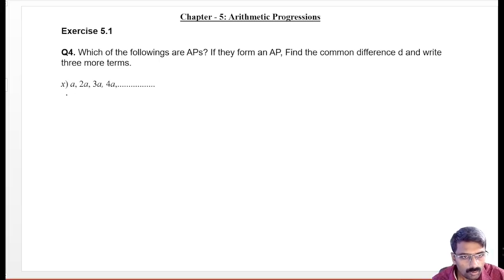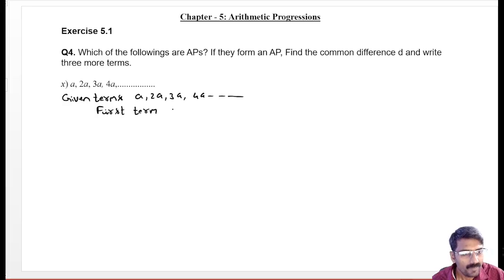So given terms, a, 2a, 3a, 4a, and so on. First term a is equals to a, common difference d is equals to a2 minus a1, so that is equals to 2a minus a, which would be a.